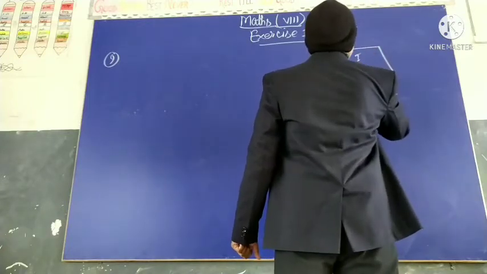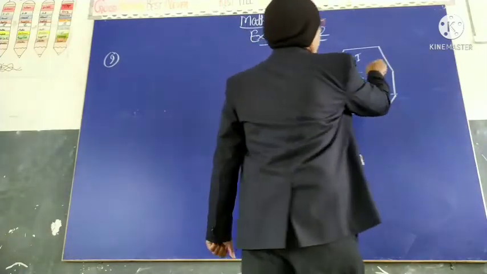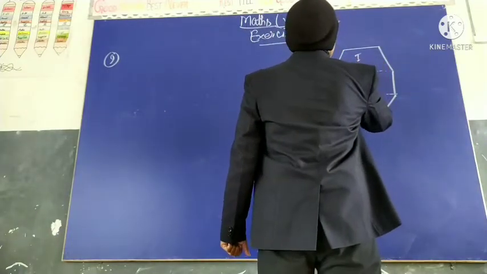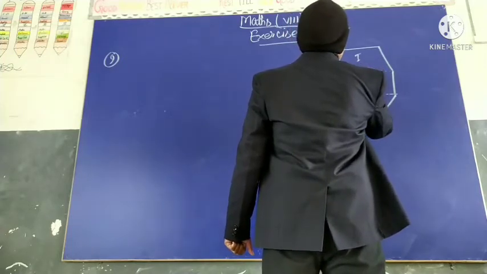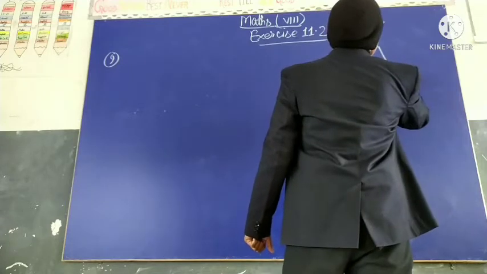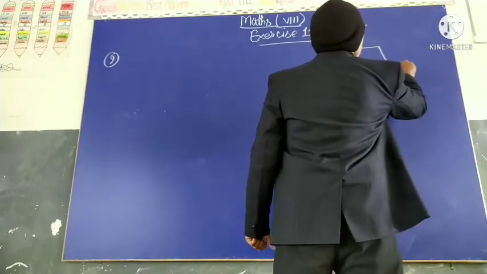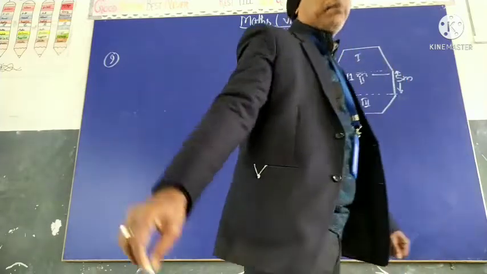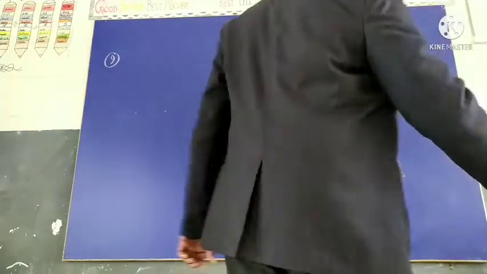First, second, and third. The first part is in the shape of a trapezium. This is given 11 meter, and this is given 5 meter. Clear?